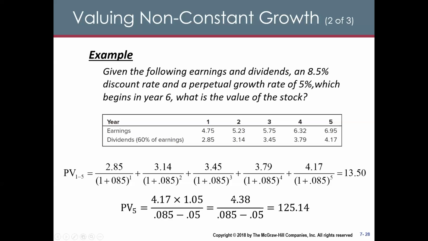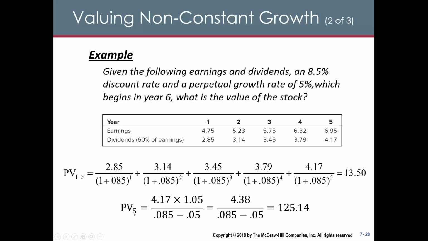So this is all the discounted value of the cash flows you are going to receive after year 5, and it's called PV5 because it's discounted back to year 5. You're standing in year 5, looking to the future.